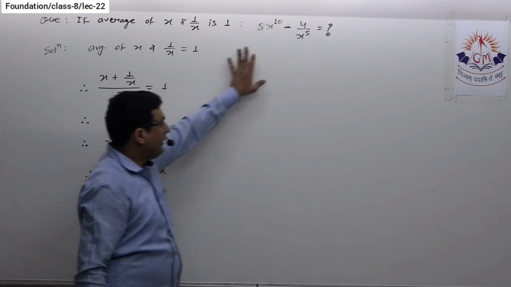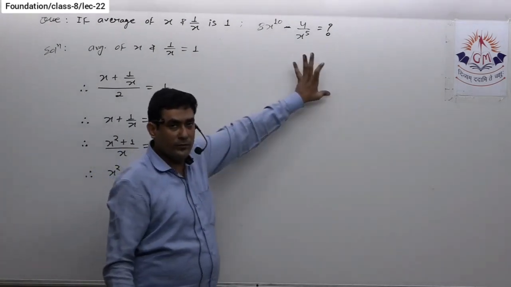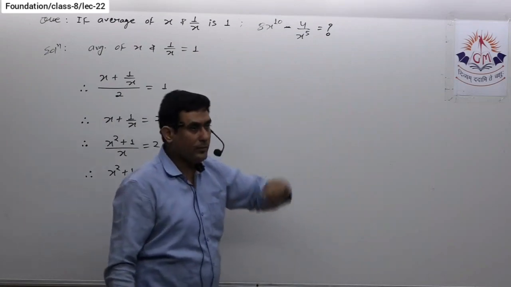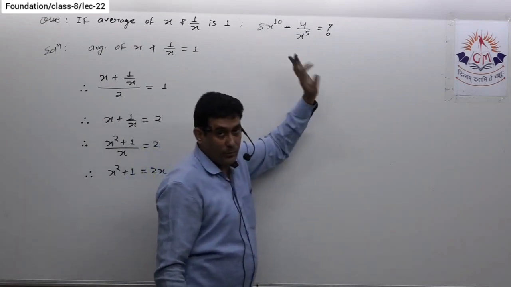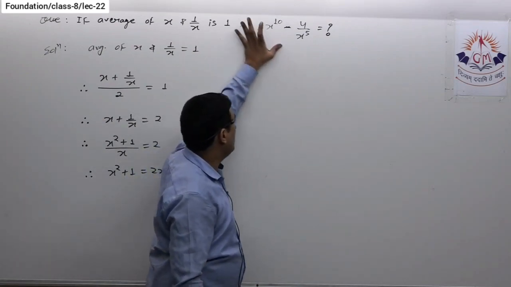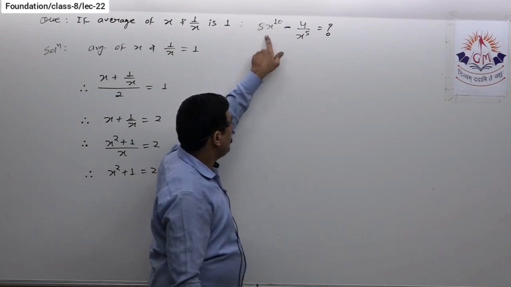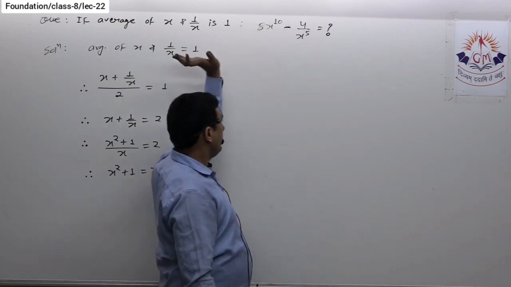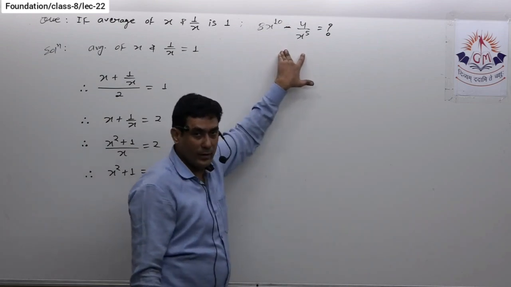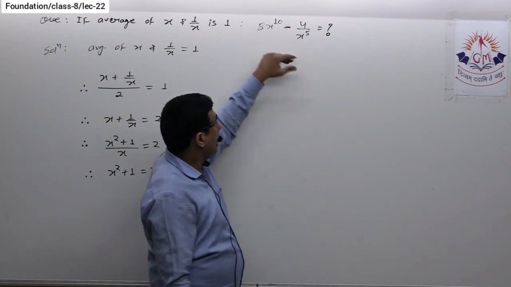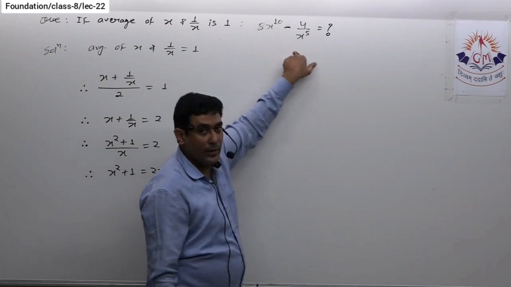Now I need to find this. Whenever you have to find the value of a given expression, there are always two ways. One of them will definitely be applicable: either convert the given expression into the form of this expression, or get the value of x and put it over here.